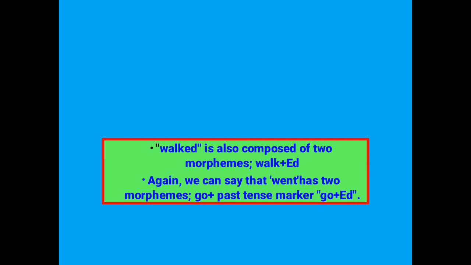You add the ed to go to make it past tense, but we don't write goed. We use the word went to replace it. So go plus ed forms together to give us went. So the morphemes in went are go and ed.